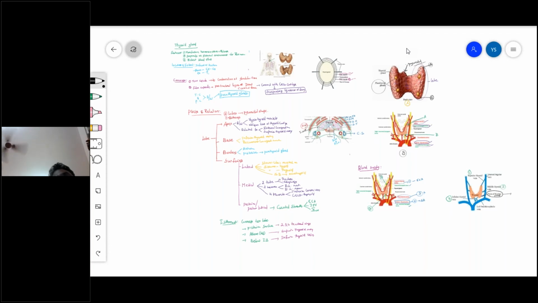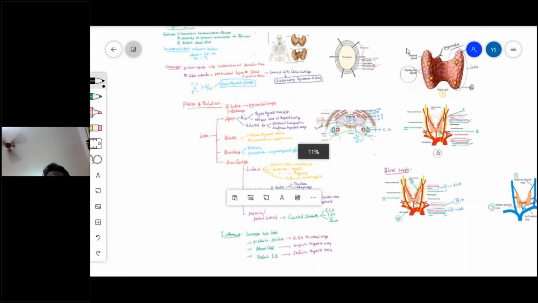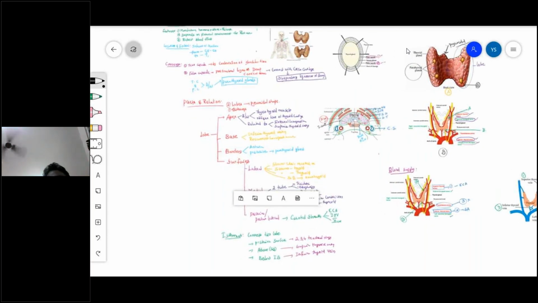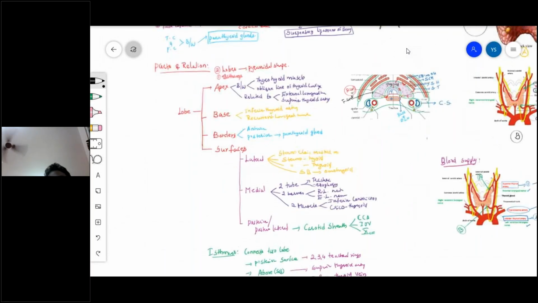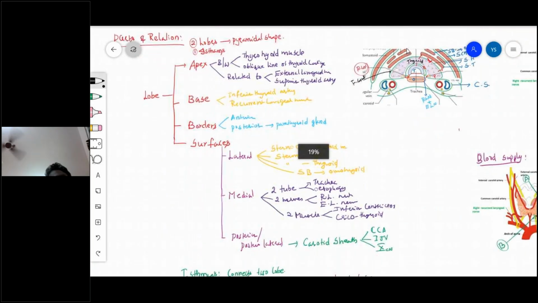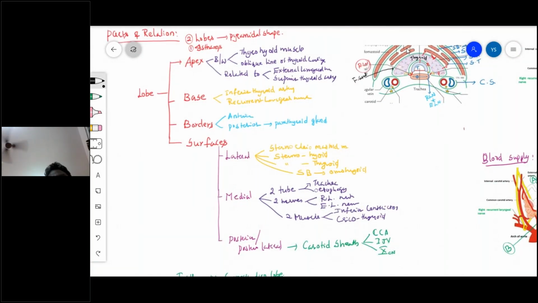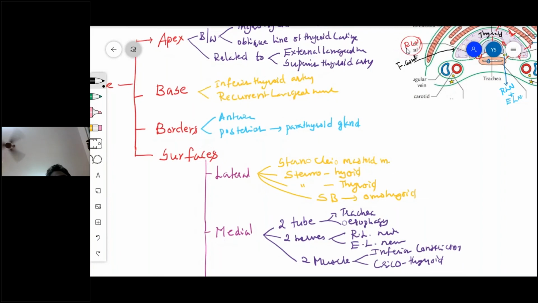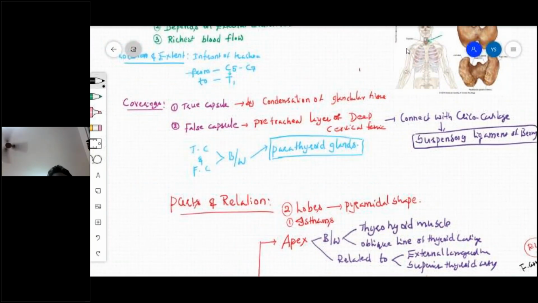Up to here we completed the thyroid gland. Here I highlight some points, and these points are very, very important surgically, from a clinical aspect. I will go one by one.